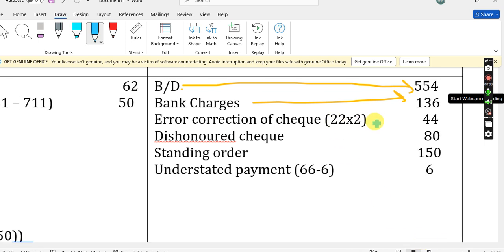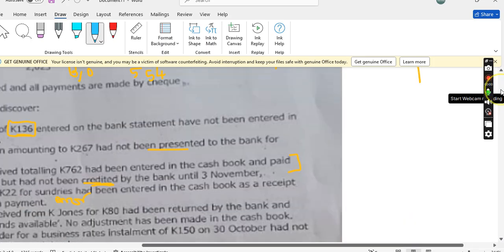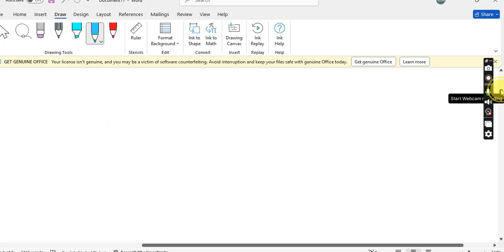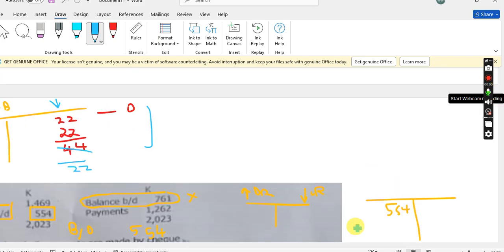Sir, you can come again on that error. There was a 22 kwacha on the debit side, okay, which wasn't supposed to be there. So we have to remove it from the debit and we need to bring it to the credit.